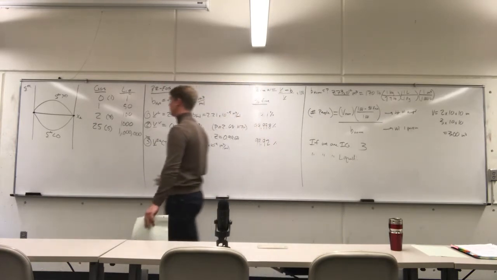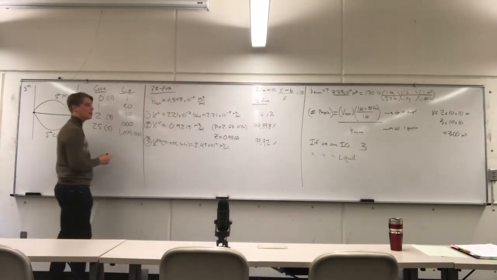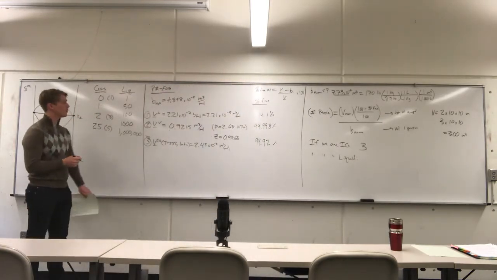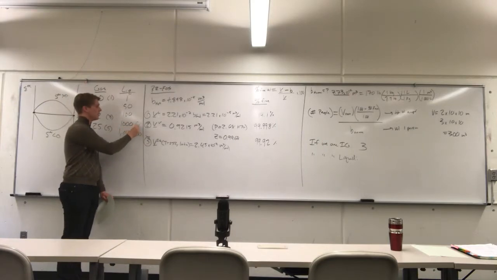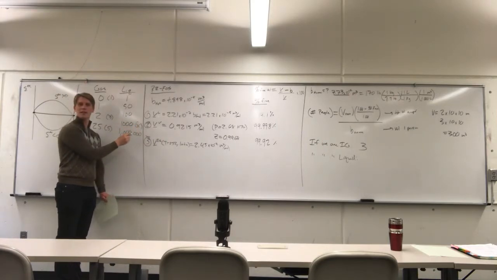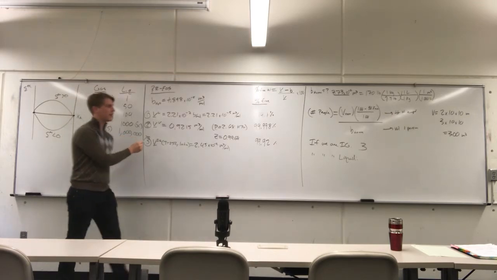Liquid. Voting time. I'm going to skip the 1. I'm going to skip the 5. Let's focus on these ones here: 100, 1,000, or 1,000,000. So how many vote for 100? No votes for 100. How about 1,000? 1, 2, 3, 4, 5. I'll just say everyone. Anyone saying 1,000,000? Okay.